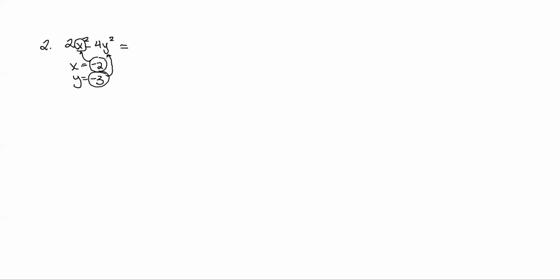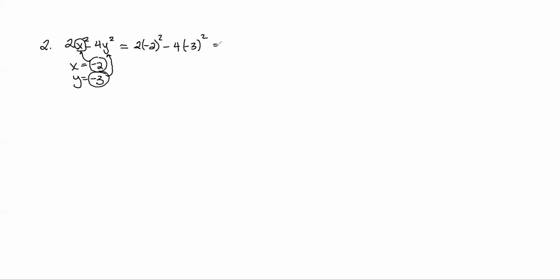I'll leave this 2 out in front. We have an x, so parentheses, it's being squared, make sure that goes on the outside. Minus 4, we have a y, so parentheses, square on the outside. And then fill in your numbers, that way you know you're going to put parentheses around your negatives. So -2 here, -3 here.